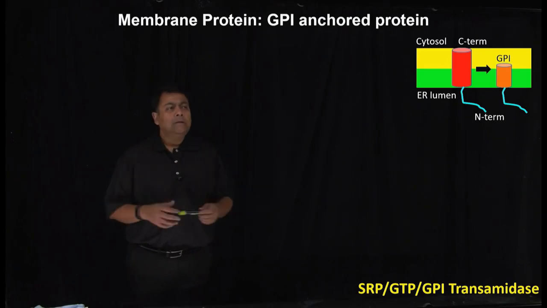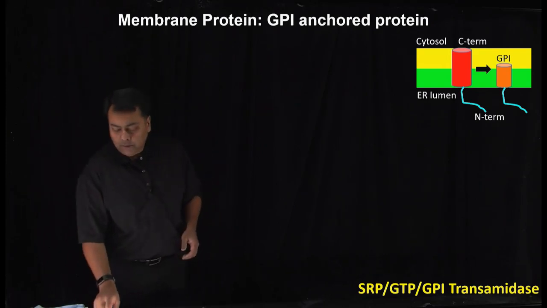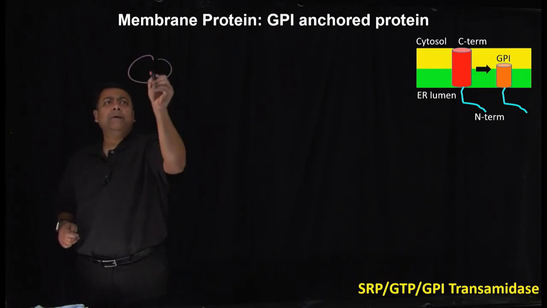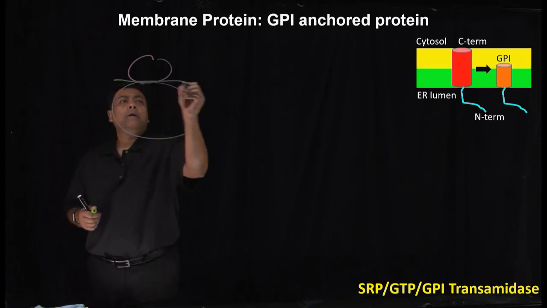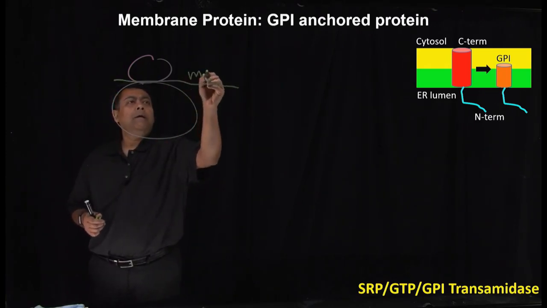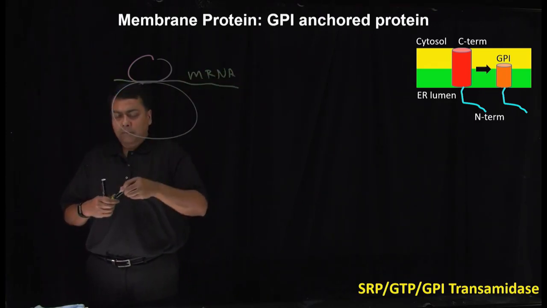So this essentially is very similar to how proteins are synthesized in type 1. What is not shown here is the ribosome and the mRNA, and there is no problem with this.